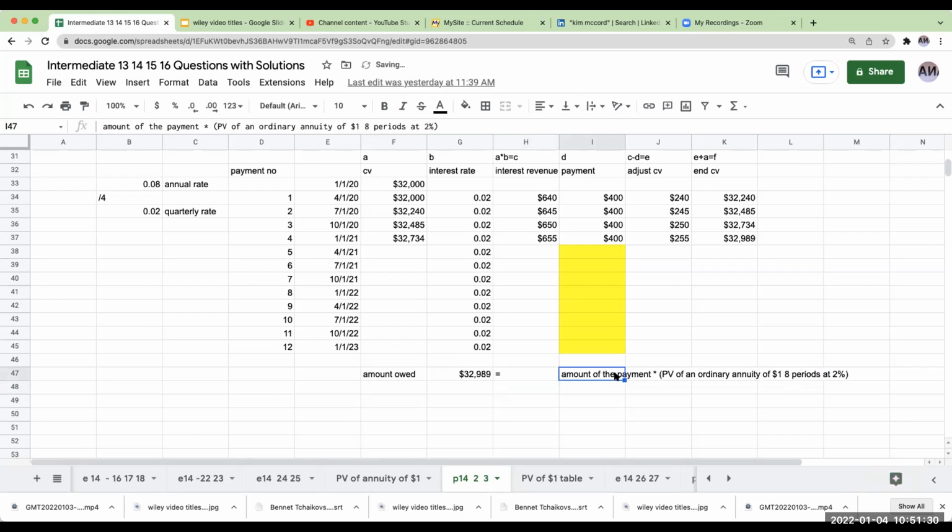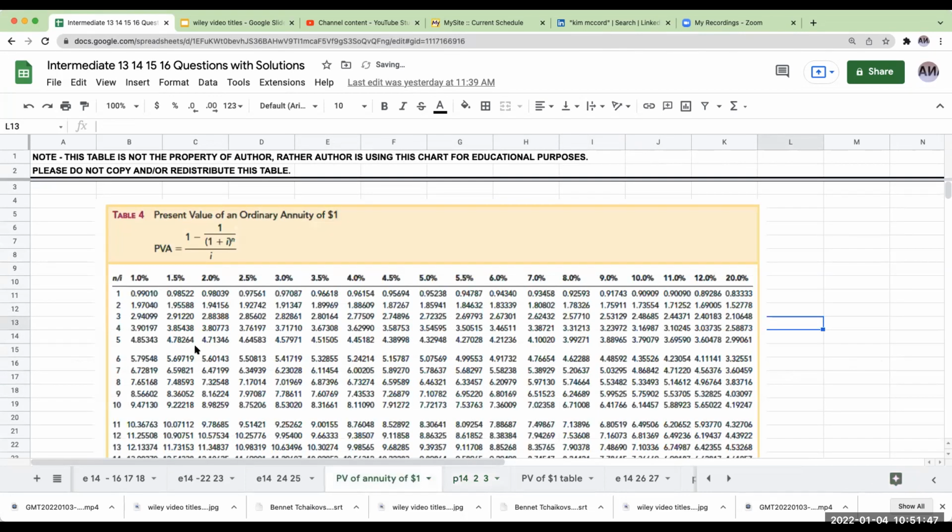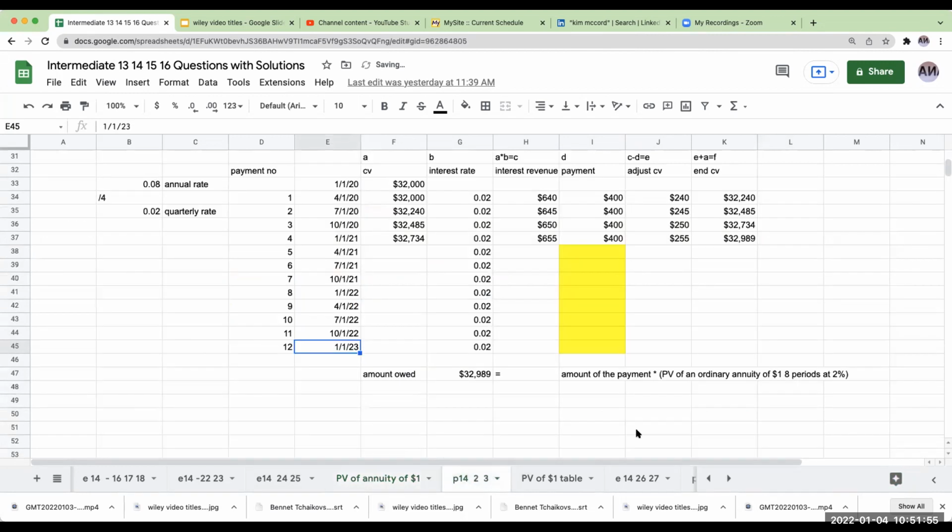So if I took the amount of the payment times the present value of an ordinary annuity of $1, 8 periods at 2%, that should equal $32,989. And how do I know I have 8 payments? 1, 2, 3, 4, 5, 6, 7, 8. So if I go to present value of an ordinary annuity of $1, I have 8 periods at 2%, or 7.32548.